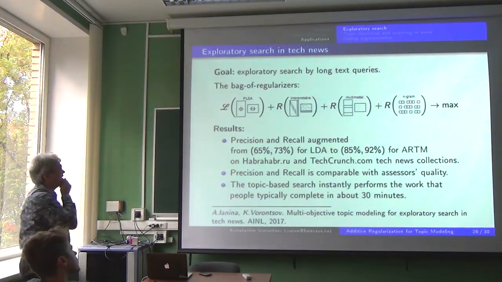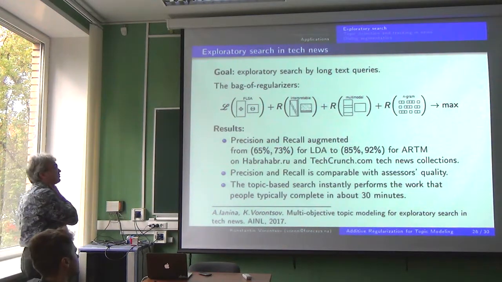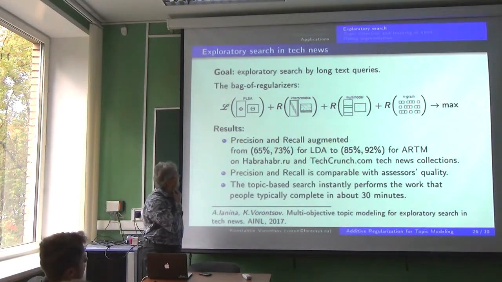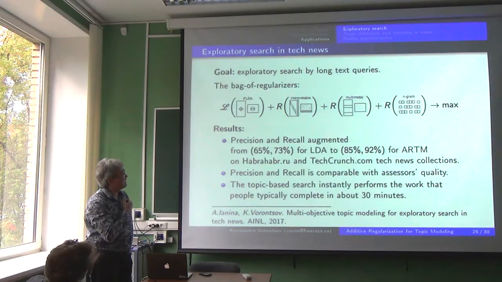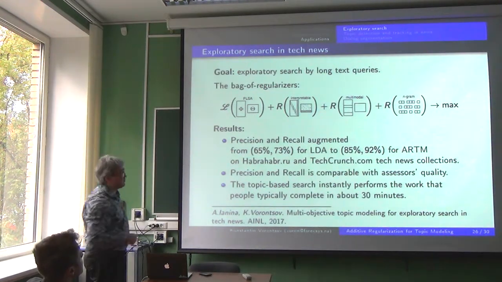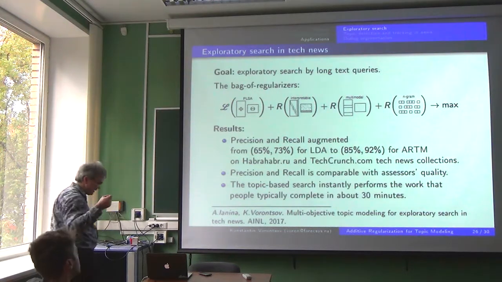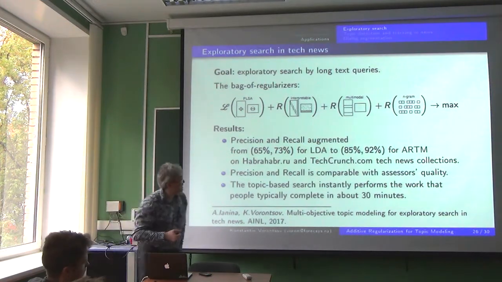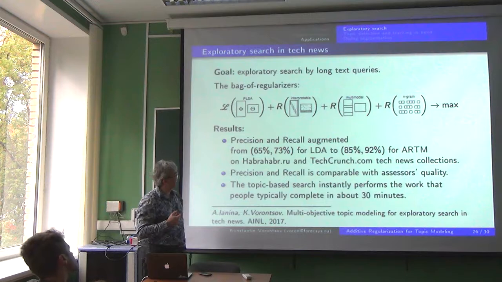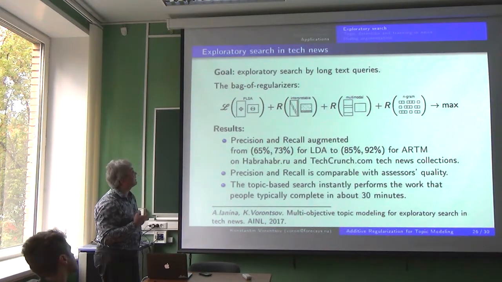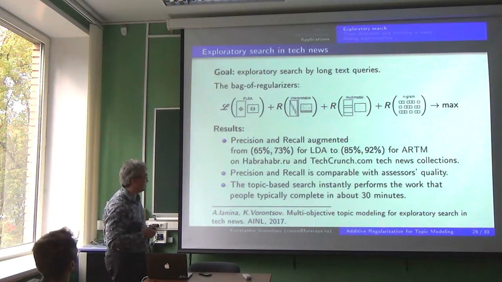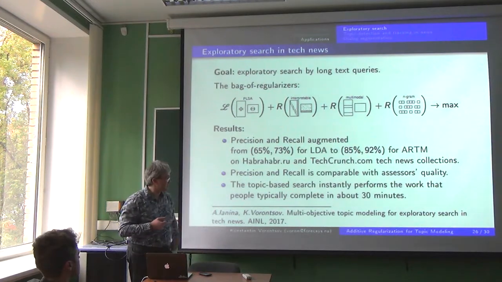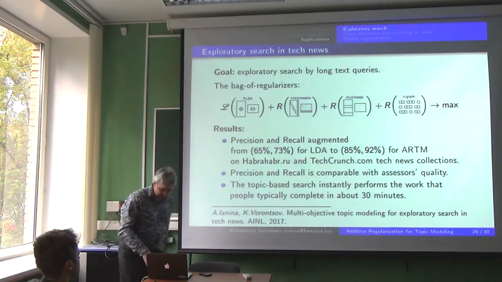The next example is exploratory research by long text queries in technical news. Here we also use a combination of regularizers for interpretability and for multiple modalities such as text, categories, authors, and n-grams. We show that precision and recall are very high, and that our topic-based exploratory research system instantly performs the work that people typically complete in about half an hour.